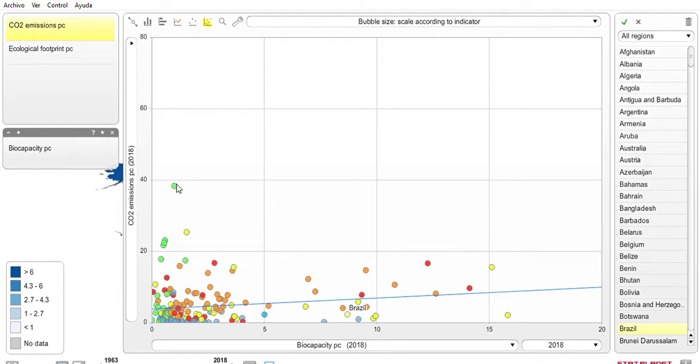and these are countries with large oil producing economies. You see there Oman, Saudi Arabia, Bahrain, Qatar. They have very high CO2 emissions, in fact with limited biocapacity.